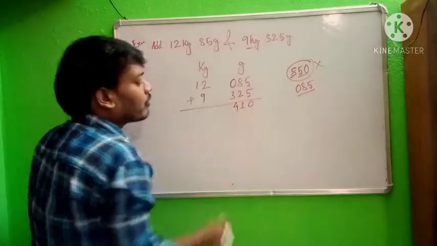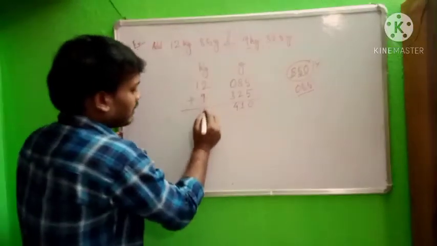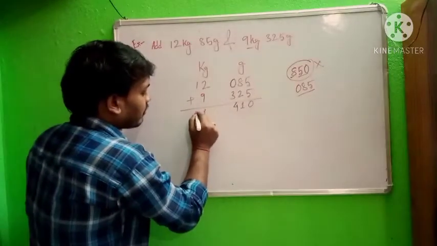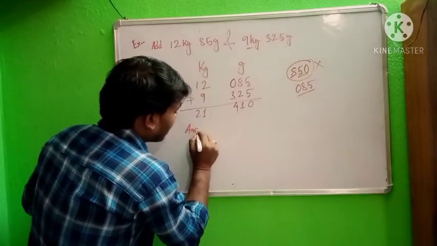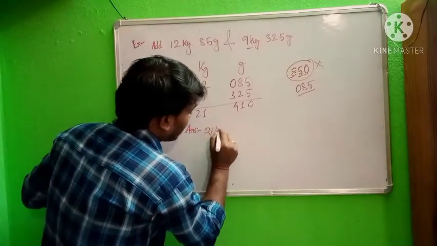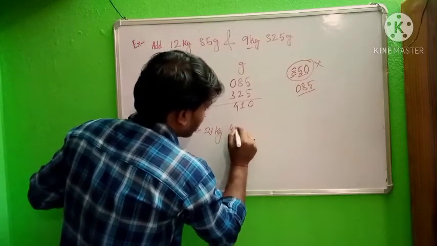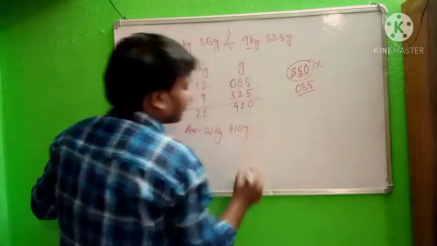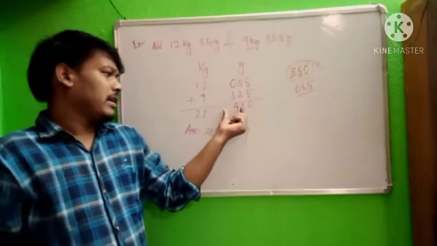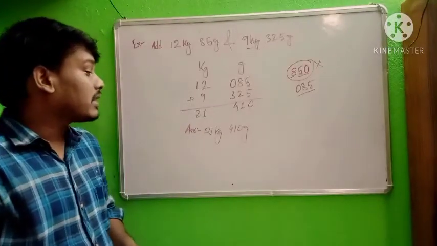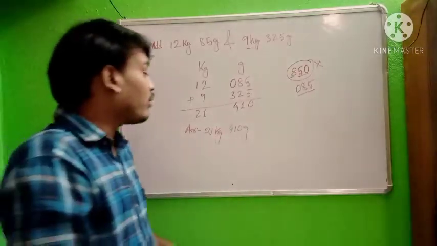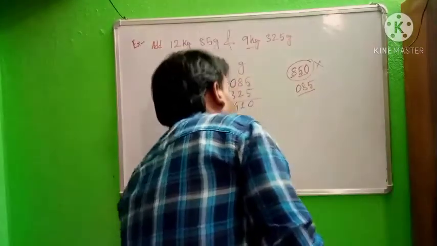So 410. 9 plus 12, 21. So what is the answer? Similar to normal addition, 21 kg 410 gram. Now the question is, if more than a 3-digit number comes here, in that case what can we do? Similar to the previous thing.